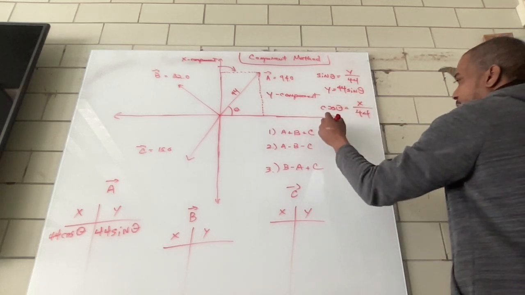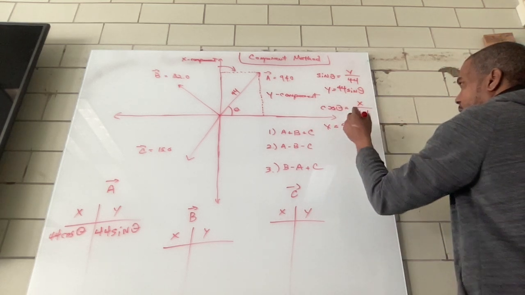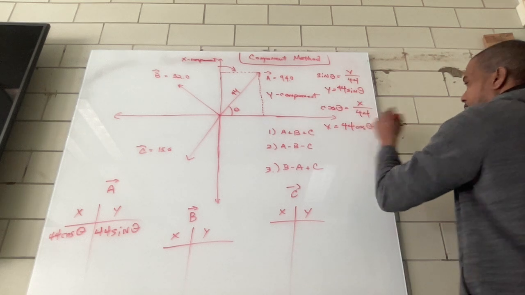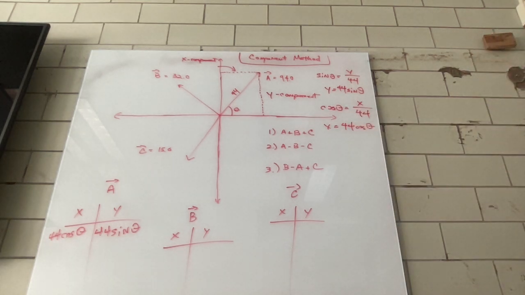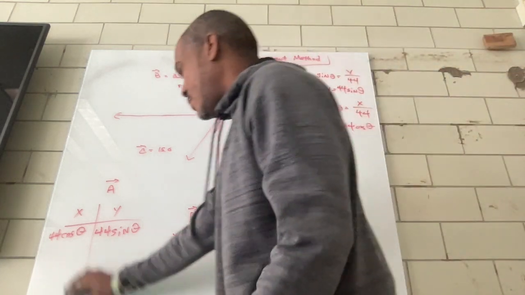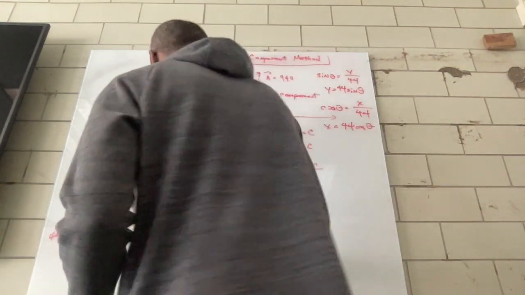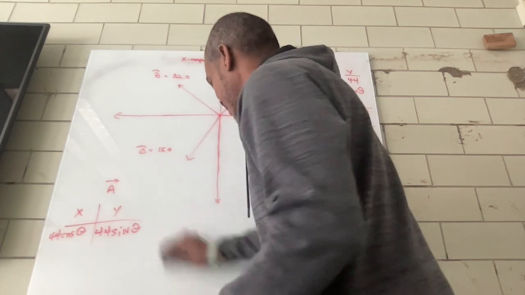Therefore x is equal to 44 cosine theta. All right, so now let me write all of them over here.